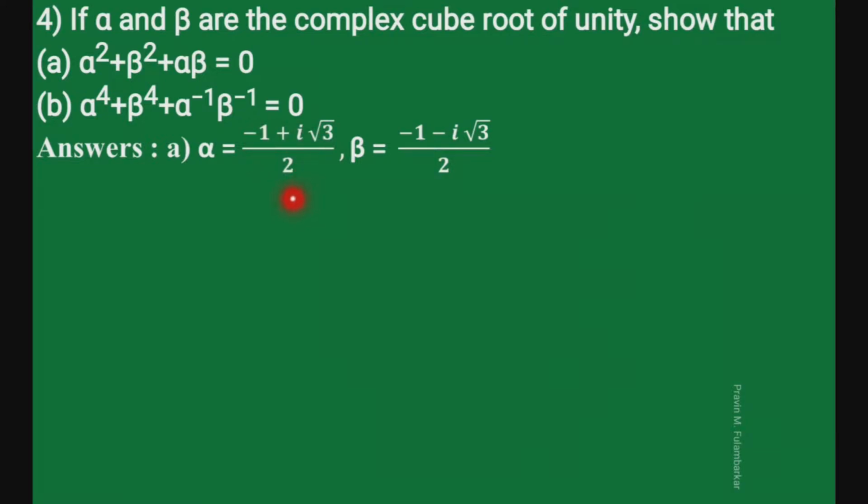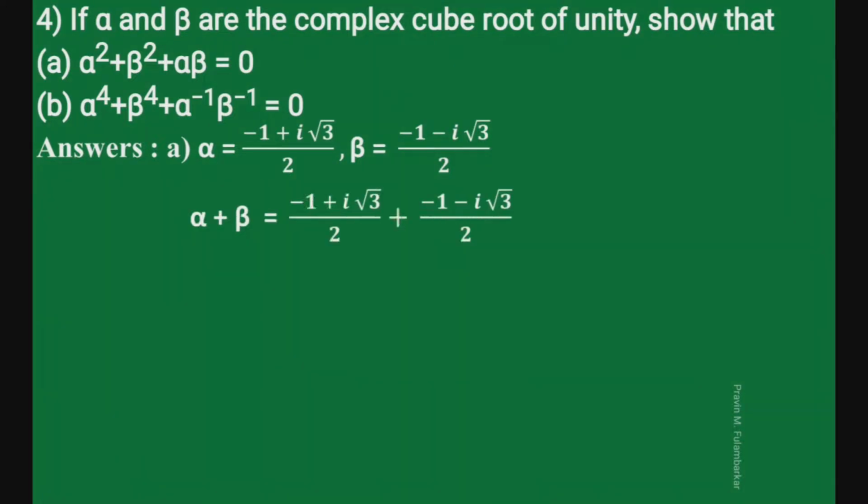We already discussed that alpha and beta are complex conjugates of each other. So we consider alpha equals to minus 1 plus I root 3 by 2 and beta equals to minus 1 minus I root 3 by 2. Here we have to find alpha square plus beta square plus alpha beta, and this value must be equal to 0. That means we have to consider the LHS and show its value equals to 0.